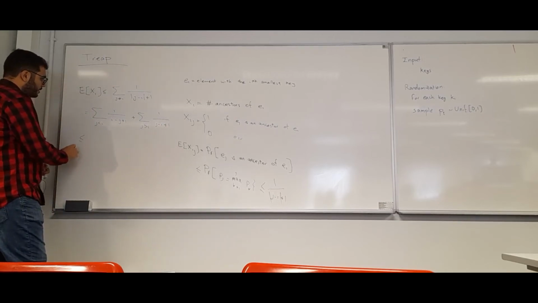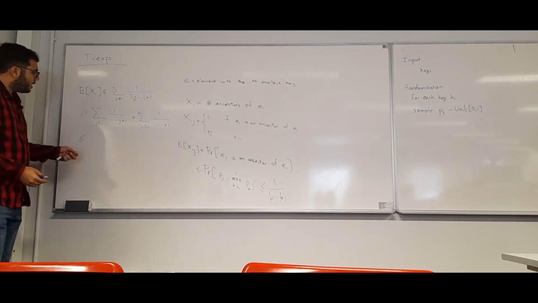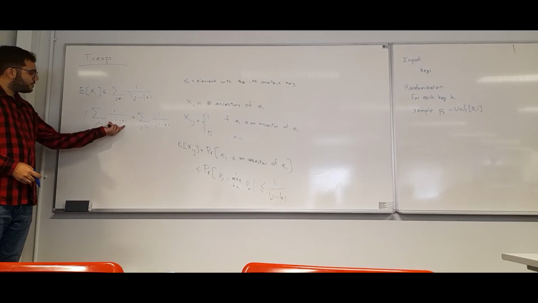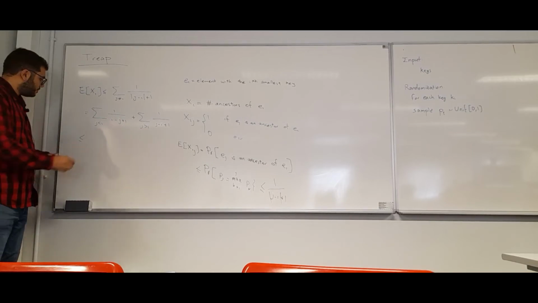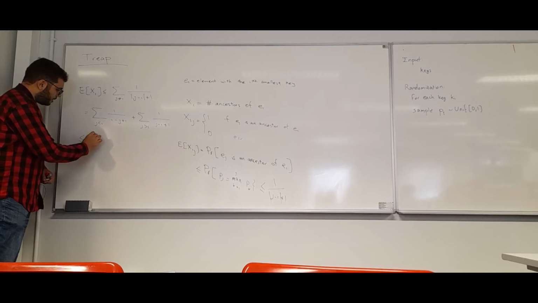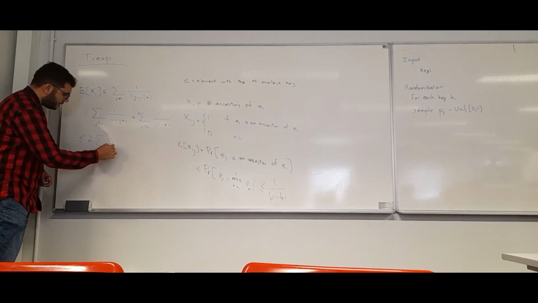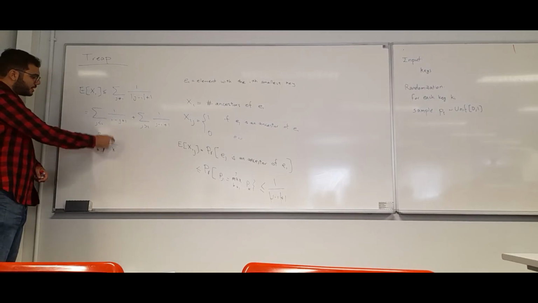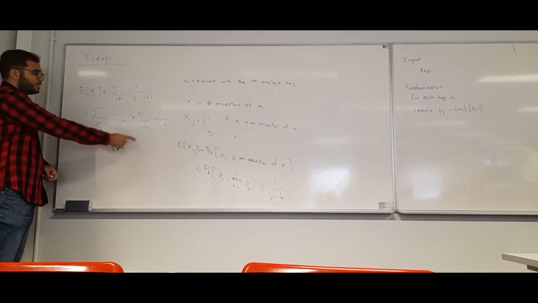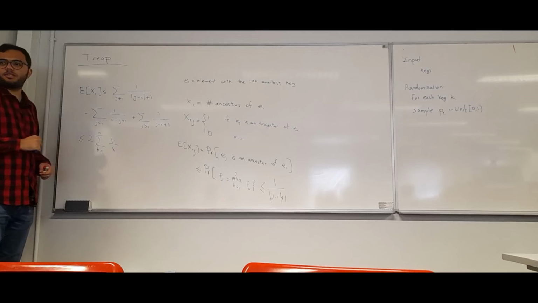But in any case, I have different values here, but all of these values are between 1 and n. So this is less than or equal to twice the sum of 1 over k, where k goes from 1 to n, because this is less than the sum of all 1 over k's, and this is also less than the sum of all 1 over k's.